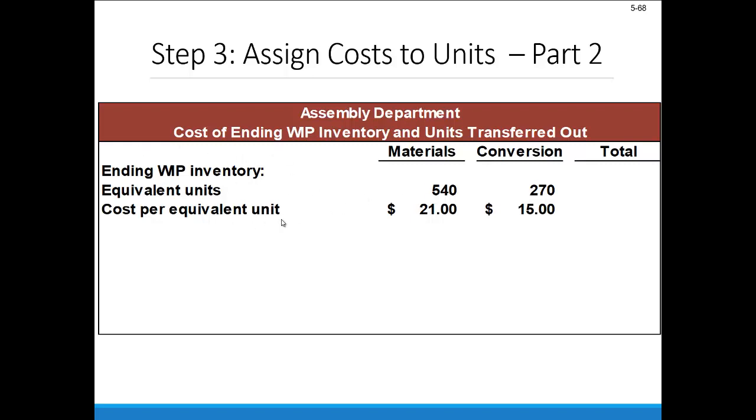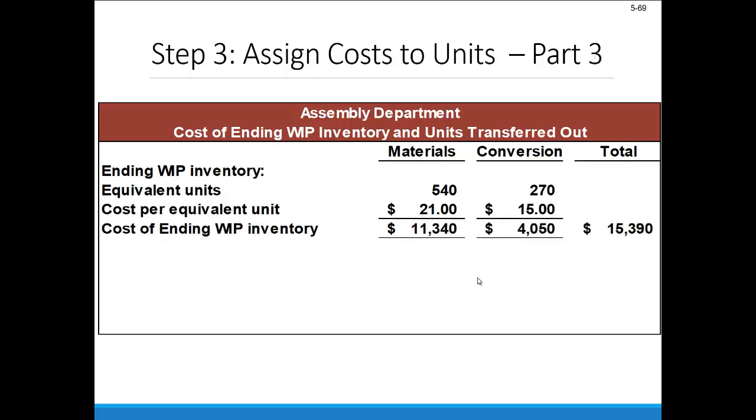Our cost per equivalent unit, as we just refreshed ourselves on, $21 with respect to materials, $15 with respect to conversion. So all I do to quote unquote assign cost to these ending work in process inventory units is multiply those out. So with respect to materials, that's the 540 equivalent units times the $21 per equivalent unit for a total of $11,340.